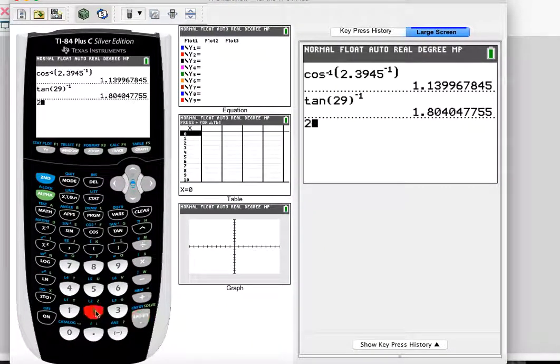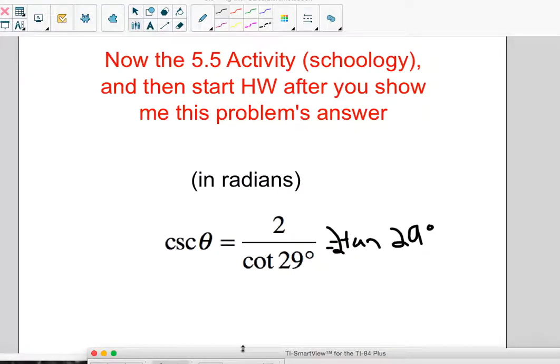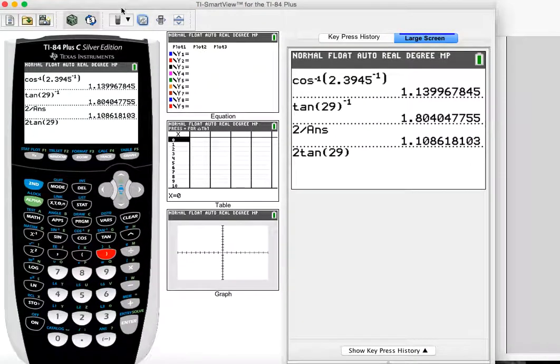And I need 2 divided by that. So I got 1.1086. Keep in mind if I just did 2 tan of 29, because if you have the cotangent in the denominator, it's the same thing as 2 tangent, you would have gotten the same answer.